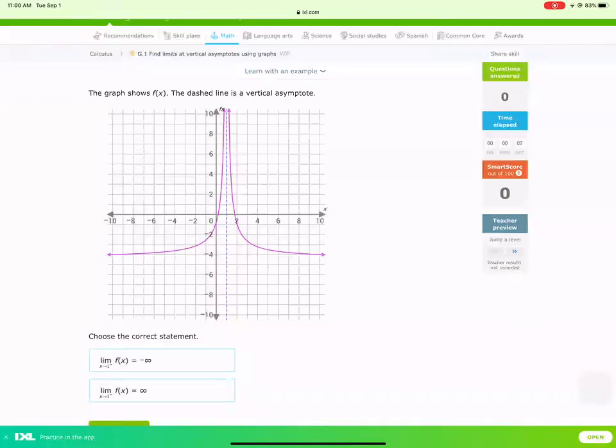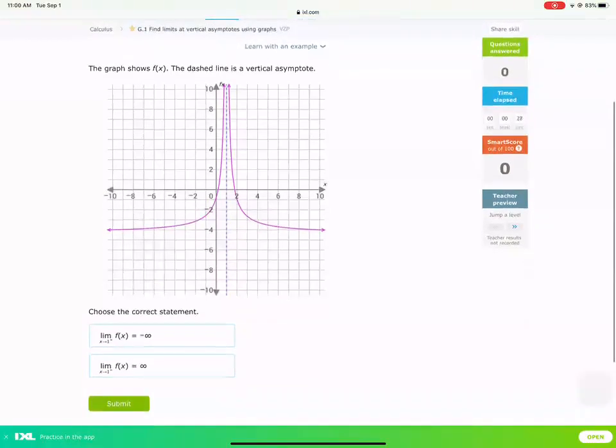For this, the graphs are given, and we are just trying to find what the limit would be as we approach a vertical asymptote. Remember vertical asymptotes from pre-calculus, they shoot off to infinity. Now, there is no limit at that vertical asymptote because infinity is not a number that we can reach. The dashed line is the vertical asymptote. Choose the correct statement.